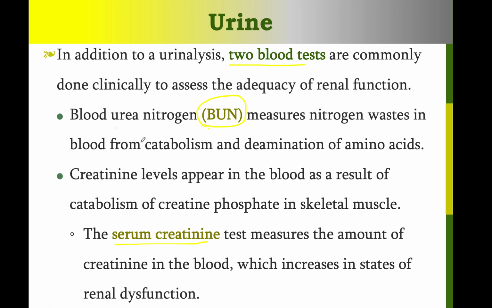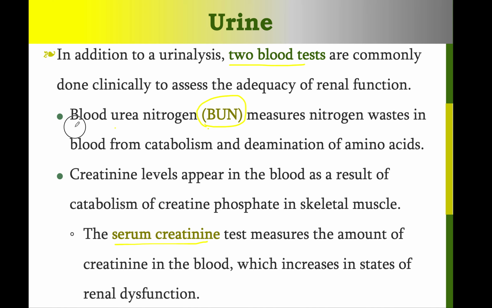We know that the two kidneys are the most important organs in excreting nitrogenous wastes. The nitrogenous wastes are urea, uric acid, ammonia and creatinine. They all are excreted by the urine.